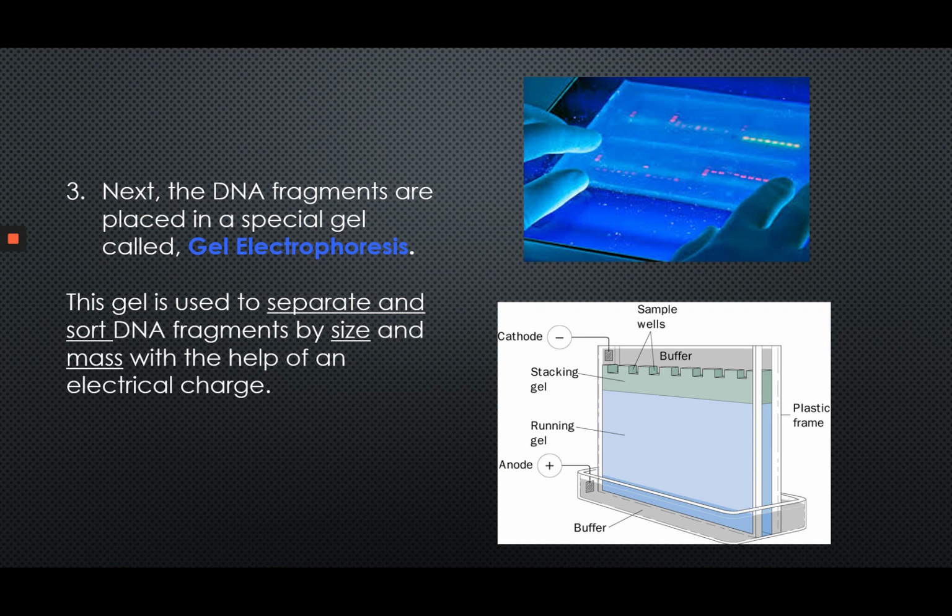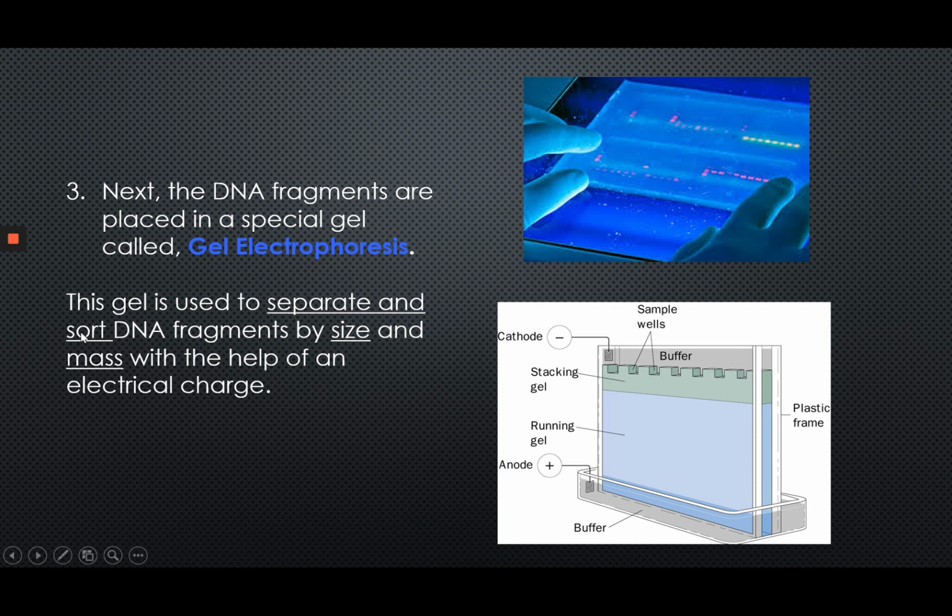So if you put an electric charge through it, the negative ends would be pushed away from the negative terminal of this battery or power source, and basically the fragments themselves will travel through the gel. They literally move within the gel, and then they end up depositing at a certain point from the wells, from where you injected them.